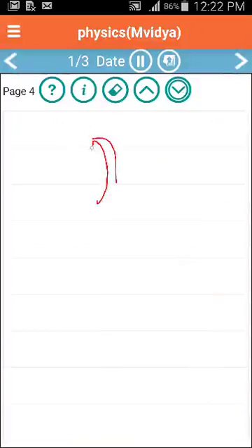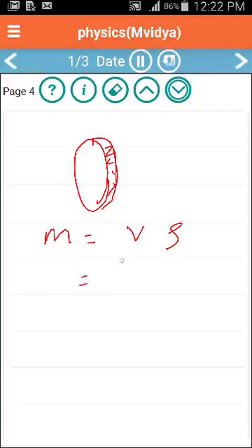For a disk of uniform thickness, can we write mass is equal to volume into density. Volume is the area into the thickness t into density.